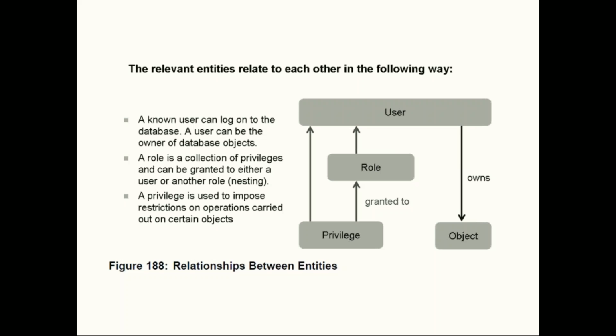Now, when we speak about having a user, then granting privileges to the users, look at this diagram. A known user, a named user, can log into the database. So generally, users will have their own objects. I'll show you. For example, when you create a normal user, there is a schema created. So basically, he will be the owner of the schema.